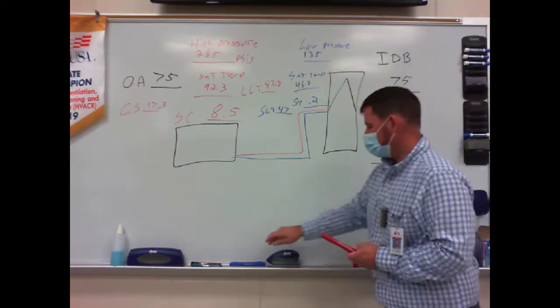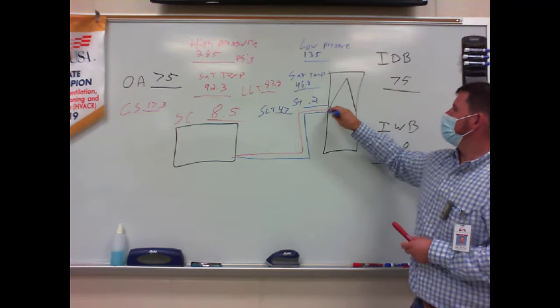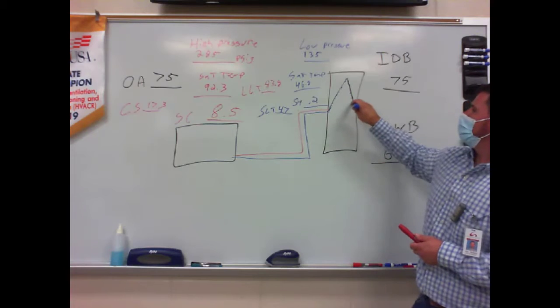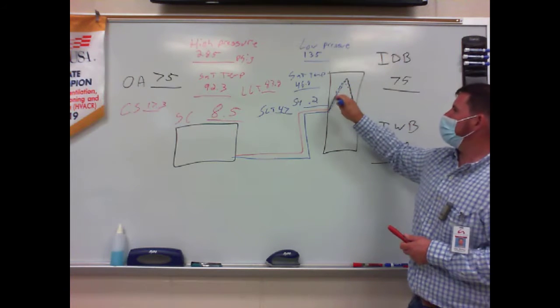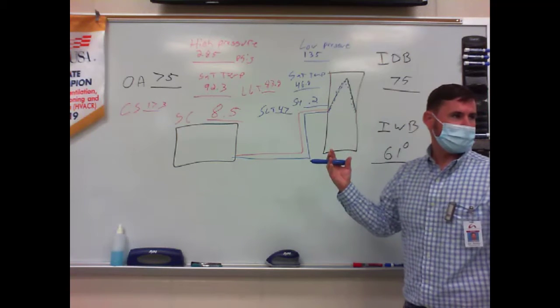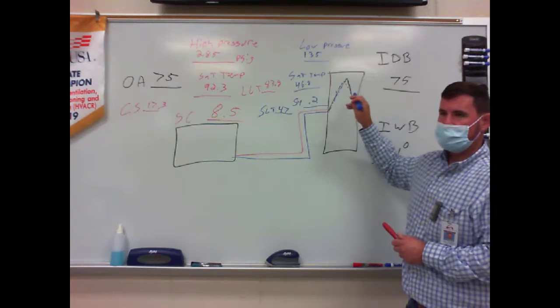But what happens as this liquid refrigerant goes inside of this coil, all right, it's making its way through there, and it's making its way back, and eventually at some point all that liquid is going to boil off into a vapor.